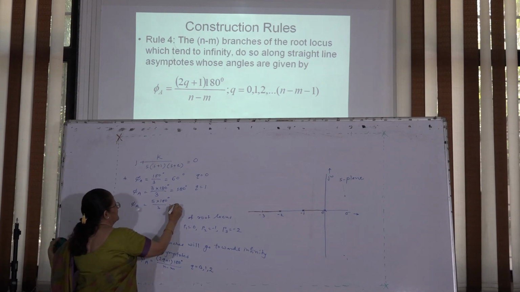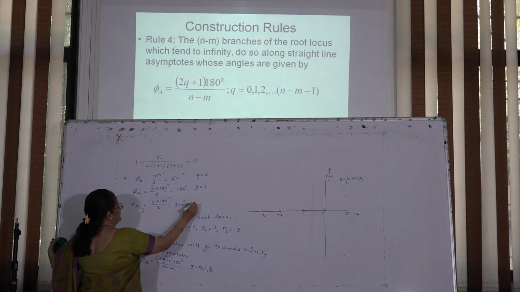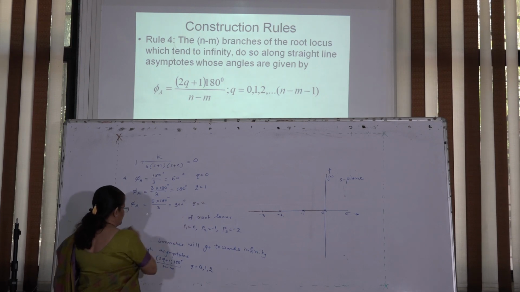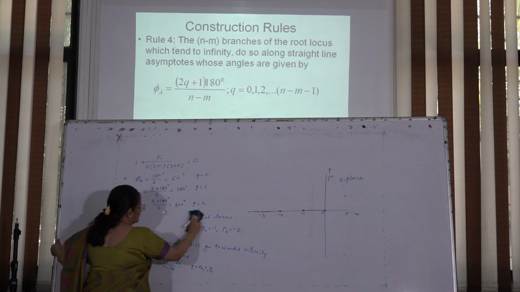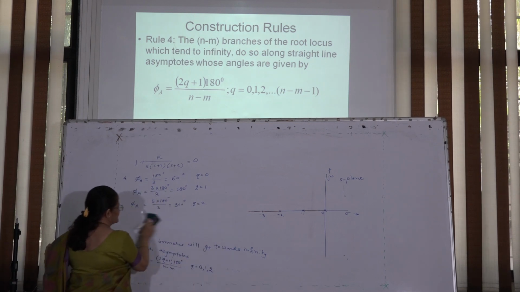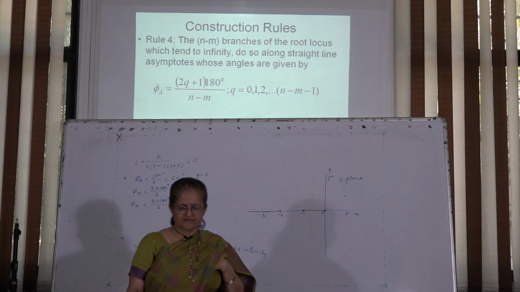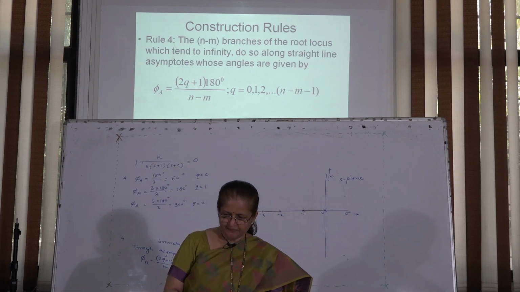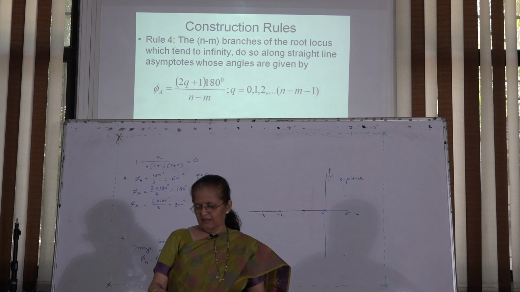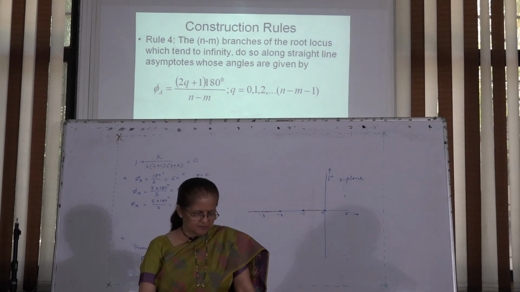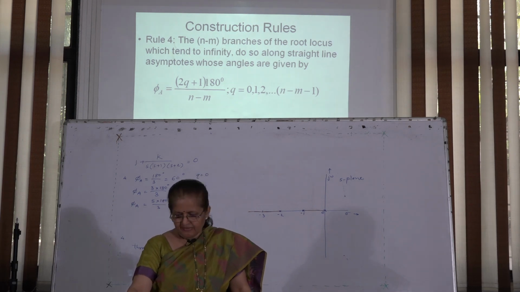So, you will get 300 with q is equal to 2. So, applying rule 4, you will get the angles are 60, 180 and 300. Okay. So, we are applying all the rules to this particular example.